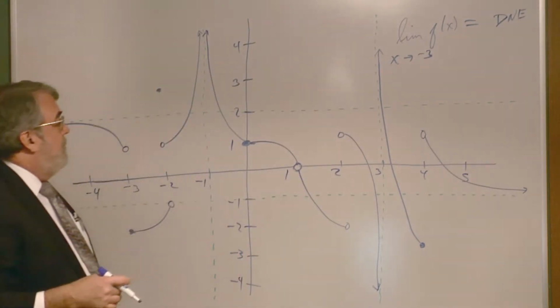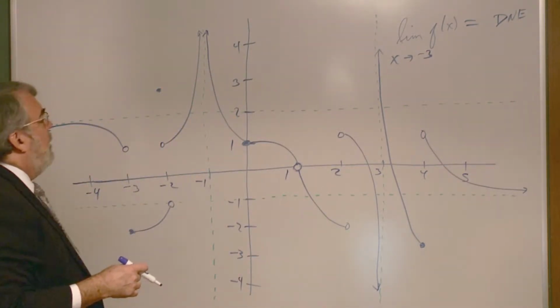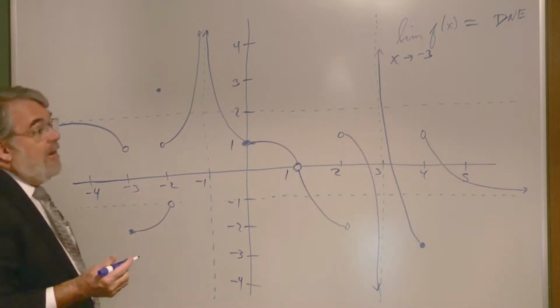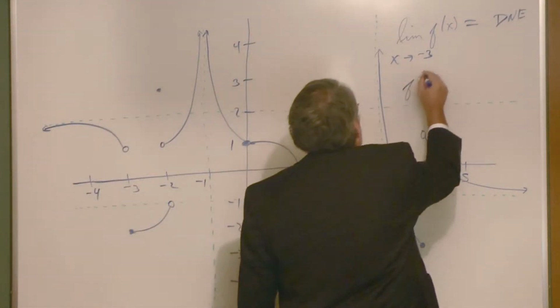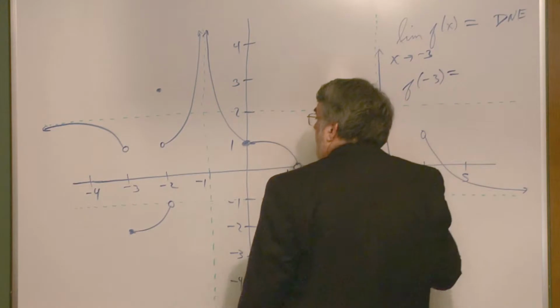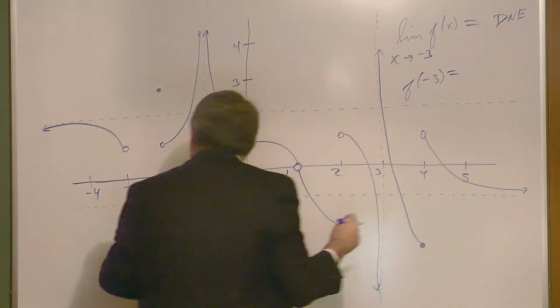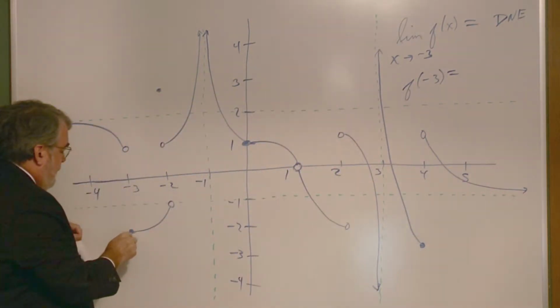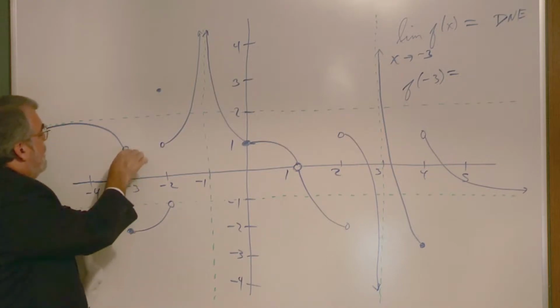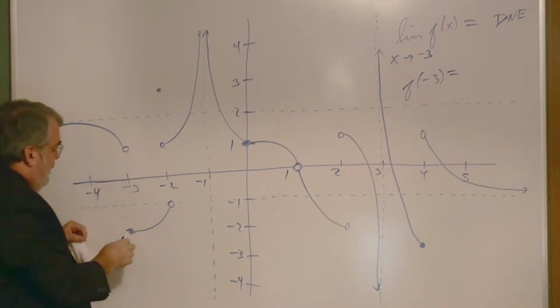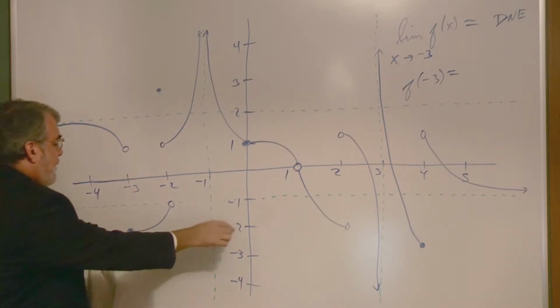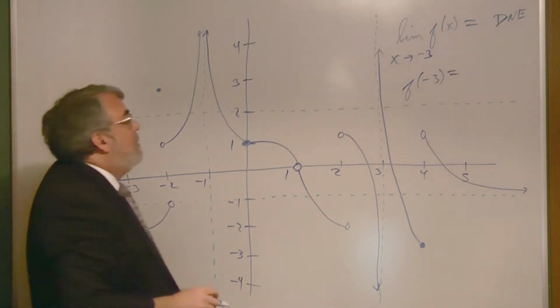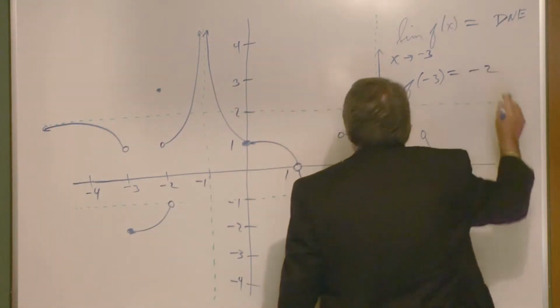Now, another thing we could say: what's the value of the function at negative 3? That would be this point, because it's defined at the dot that's colored in. Up here we have a hole, so it doesn't equal that, but it does equal this number, which is negative 2. So the function value is also minus 2.